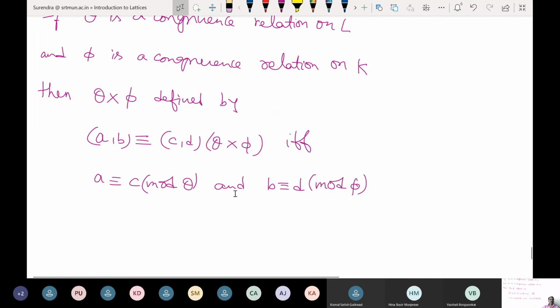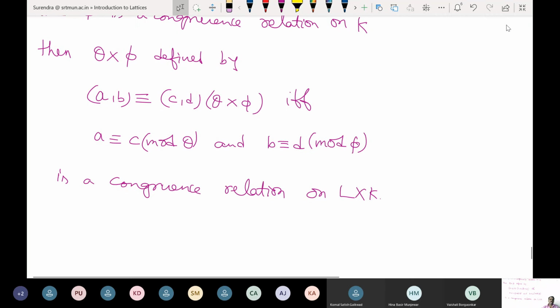Then you can check that this is a congruence relation on L cross K. And not only that, moreover, if you take any congruence relation on L cross K, it should be of this form.